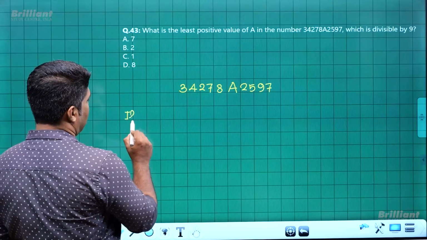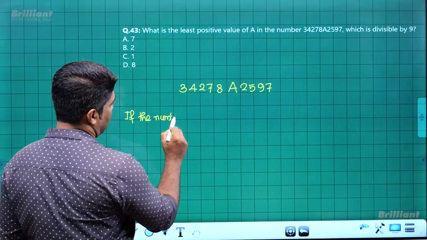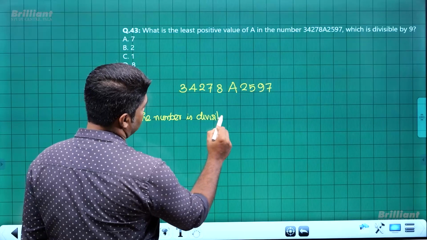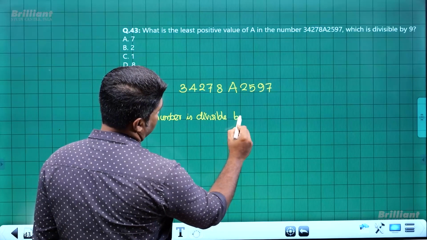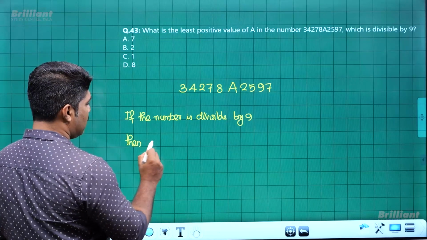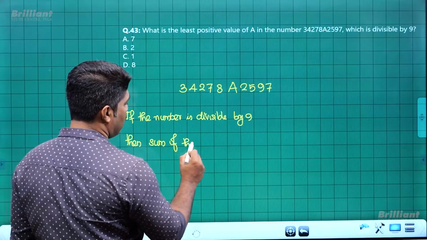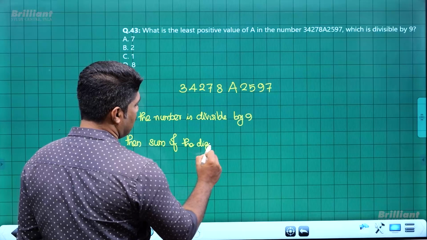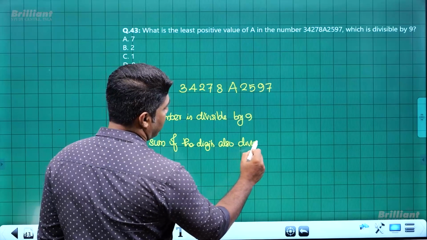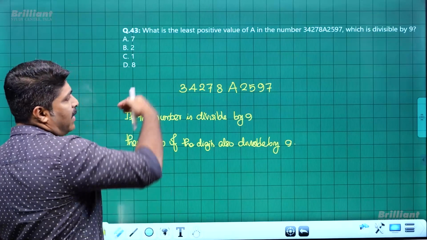If the number is divisible by 9, then the sum of the digits is also divisible by 9. Got it? You just add it together.